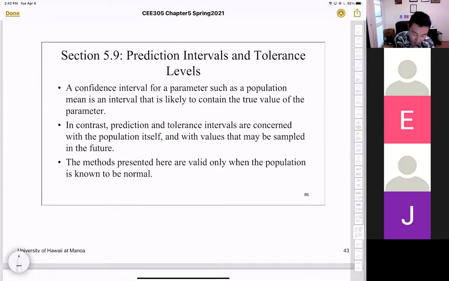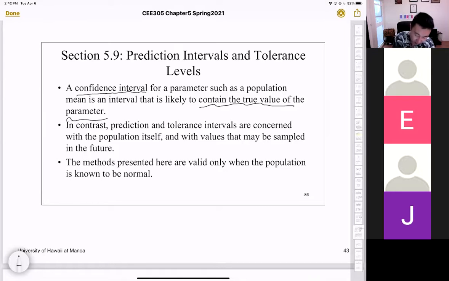So we know confidence intervals are for parameters such as population mean, or proportion, or difference between two means. We calculate the interval, depending on the level of confidence, that is likely to contain the true value of the parameter, for example, the population mean.